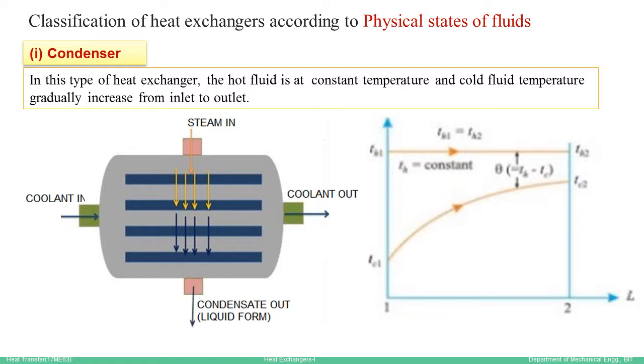It is also called condensate. You can see the temperature variation for the same. The temperature of the hot fluid in a condenser remains the same along the length of the heat exchanger, whereas the temperature of the coolant increases from inlet to outlet, as you can see from the sketch. This is opposite for an evaporator.